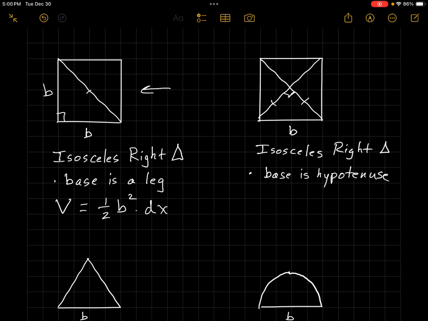Well, notice that if you take a square and divide it into 4 equal parts by using the diagonals, you will make, right down here, an isosceles right triangle whose base is the hypotenuse, where the volume of this shape is exactly 1/4 of a square times the width dx.